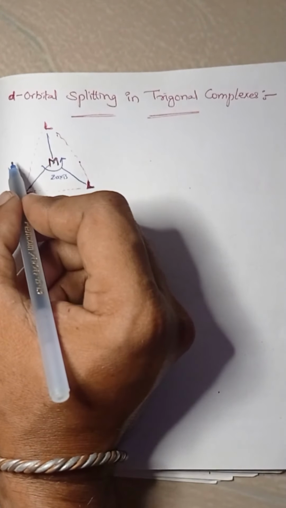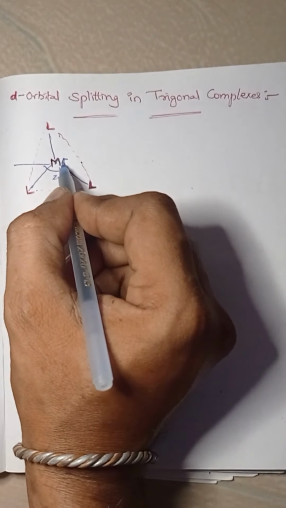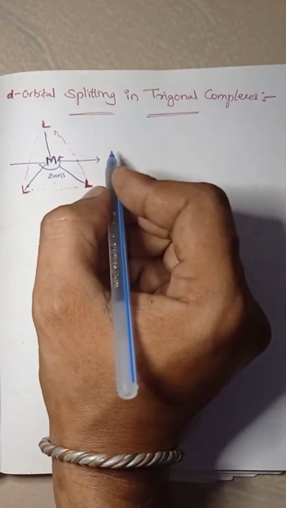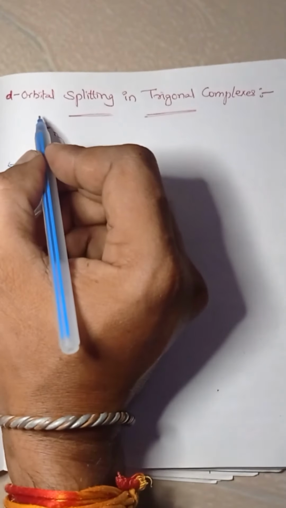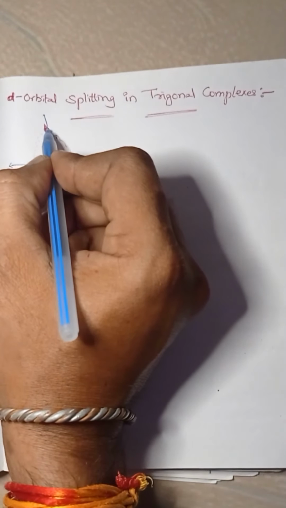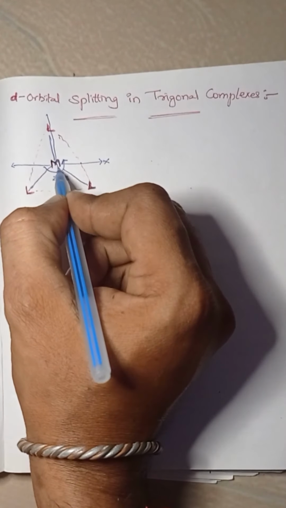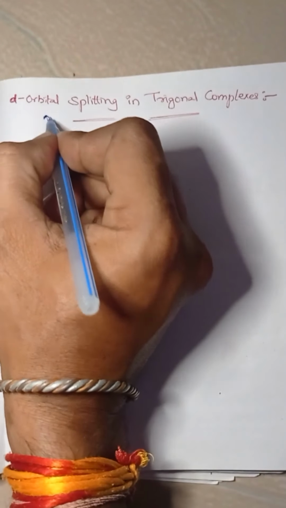And we know that the x axis is left to right. Left to right, the x axis will be there, and front to back, there will be the y axis, isn't it?